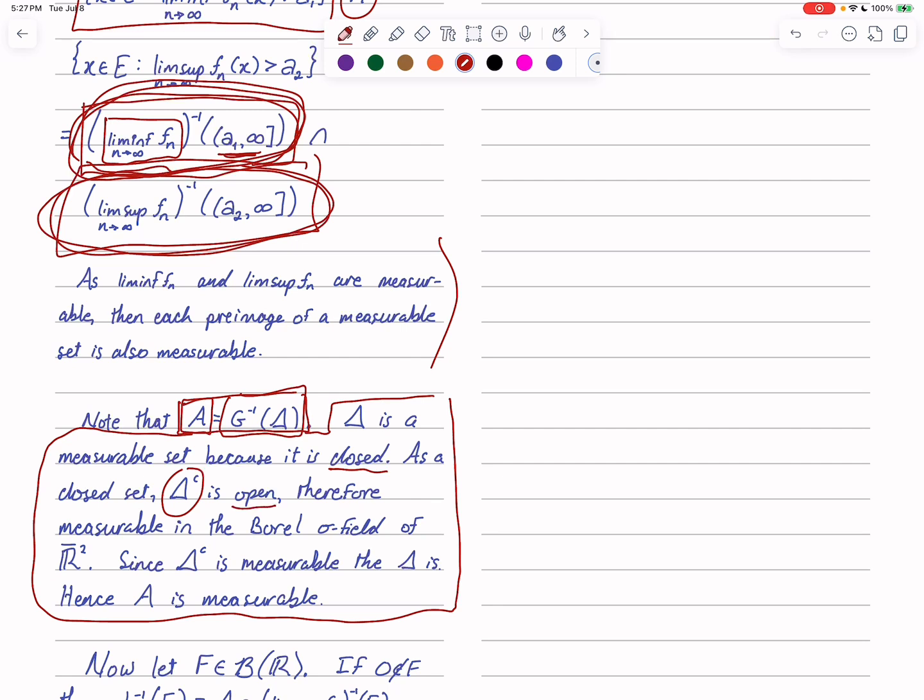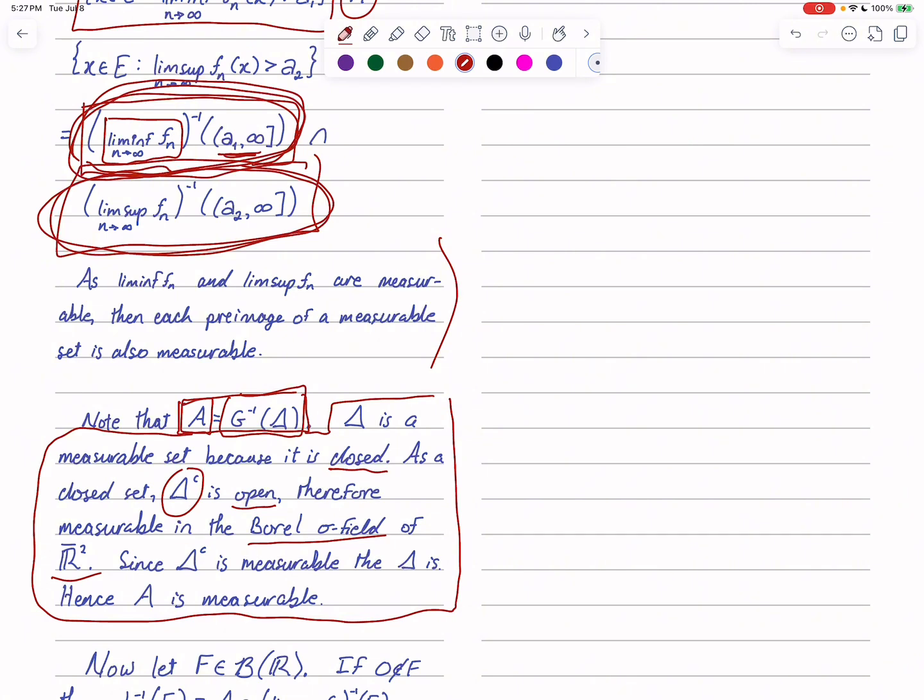That's from just simple topology. And because we're talking about the Borel sigma field on R2, all the open sets are generators for the topology. So that means that this open set delta complement is one of our elements.